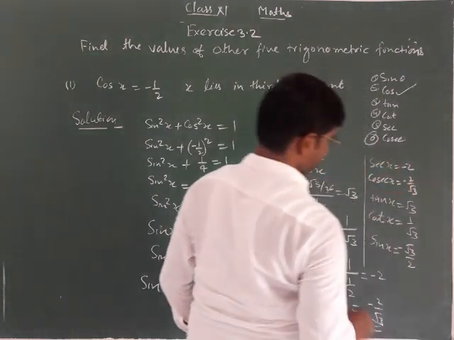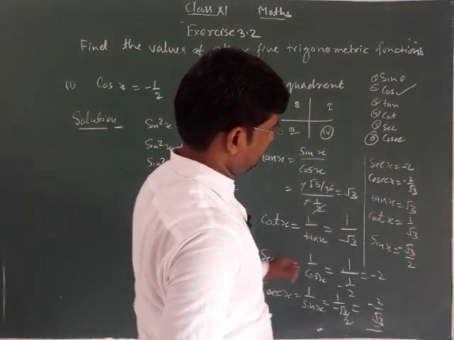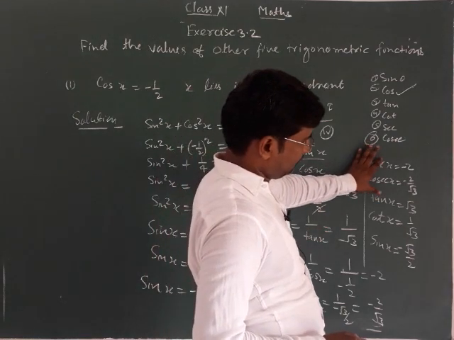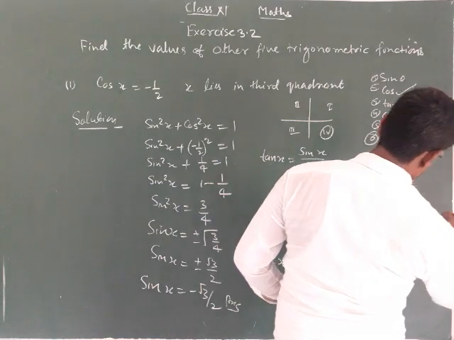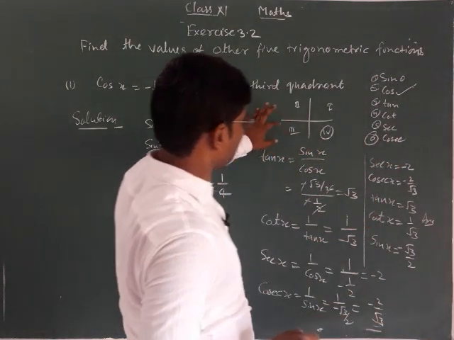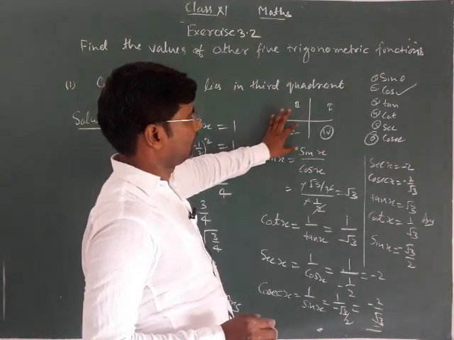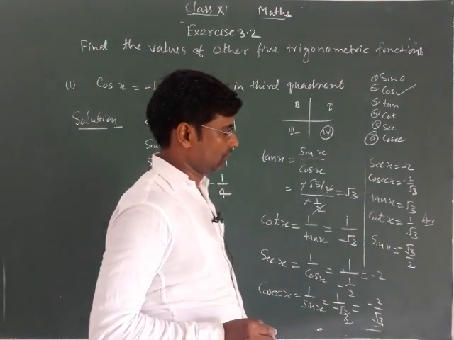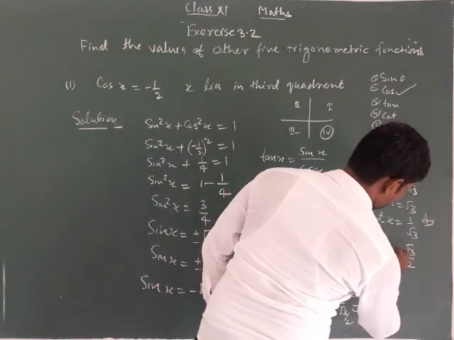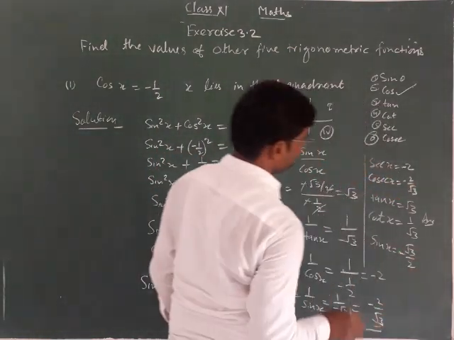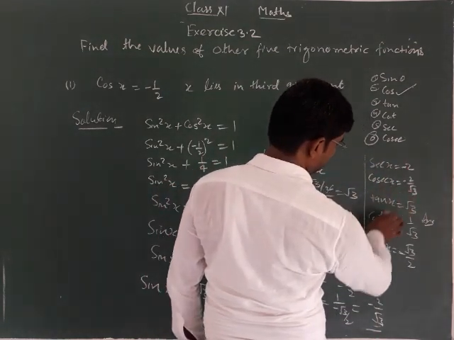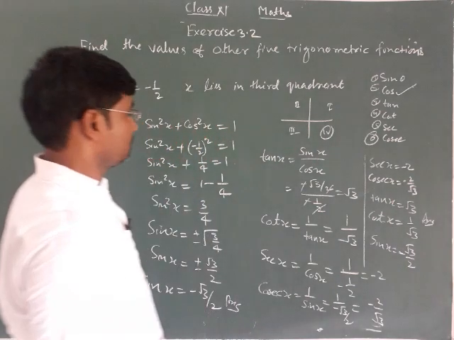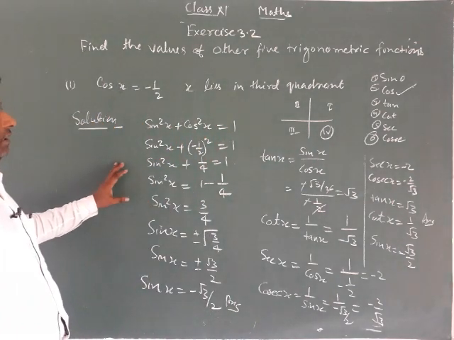There are five ratios to find out, and in the third quadrant tan and cot are positive and the others negative. So there are two positive values. So this is the answer.